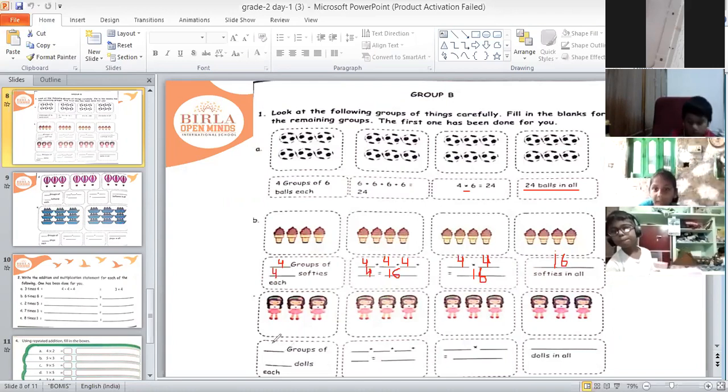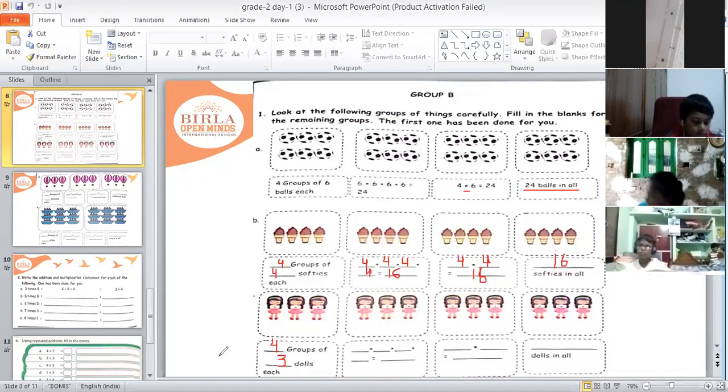Very good. So there are 4 groups. So we will write here 4. That's the correct answer. And in each group, how many dolls are there, Kushal? 3, ma'am. Very good. So there are 4 groups of 3 dolls each. We can write it as 4 groups of 3 dolls each.